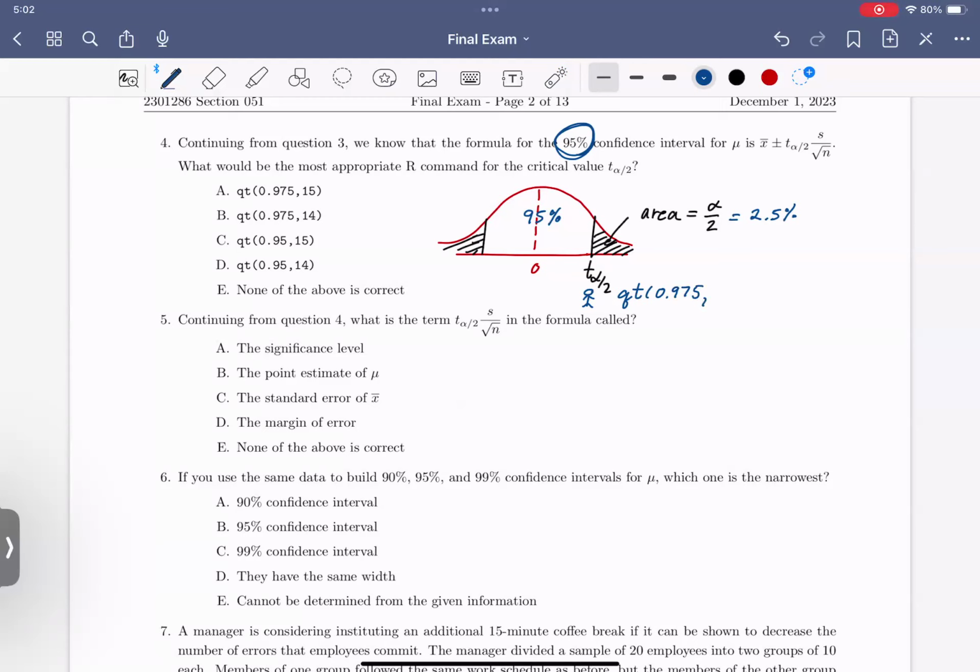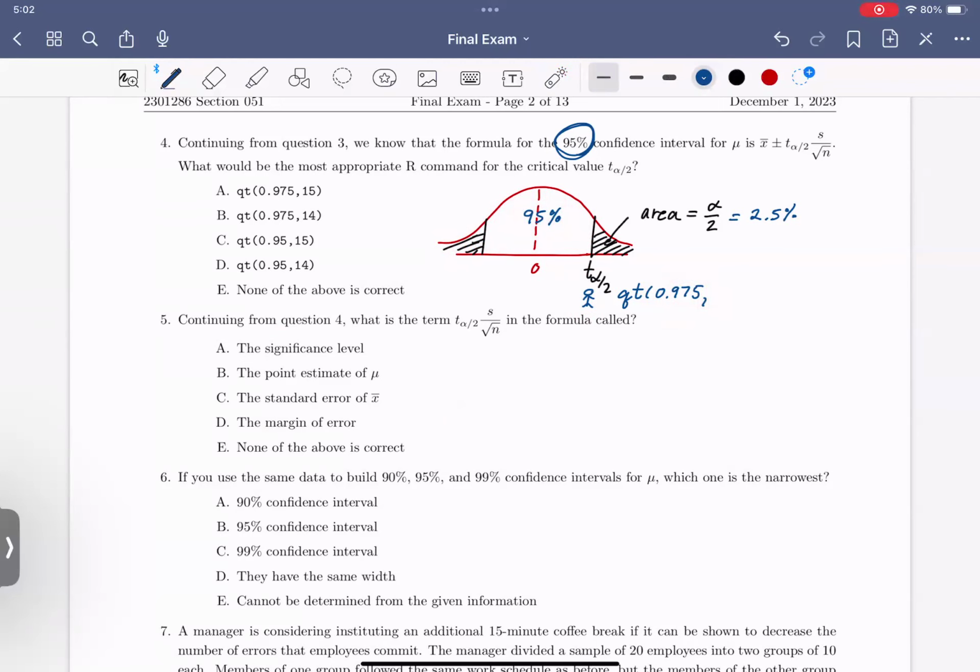It's 0.975 because the area from where you stand to the left is 97.5%, since it's 95 and 2.5 here. And then comma, the degree of freedom, which is n minus 1.